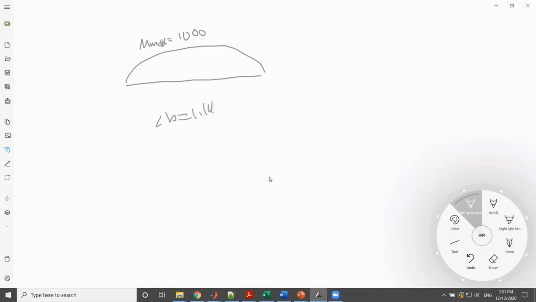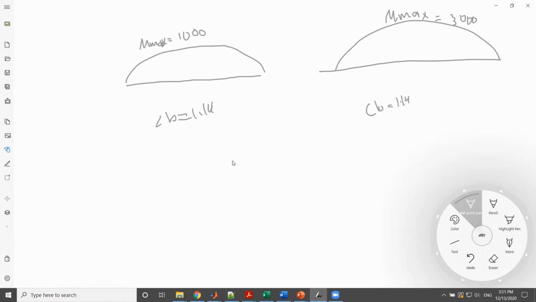All right, what if you had another moment diagram where M max is equal to, let's say, 3000, whatever you like. If you check and calculate again CB, it would appear to be 1.14.